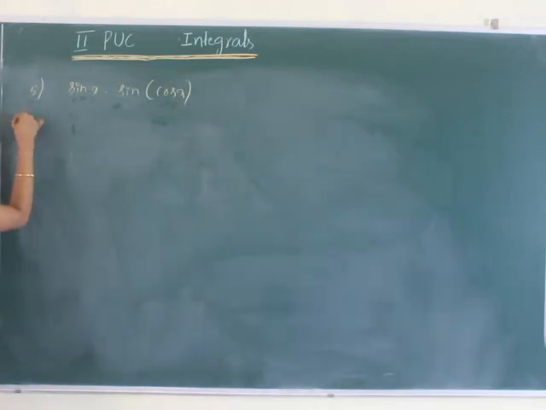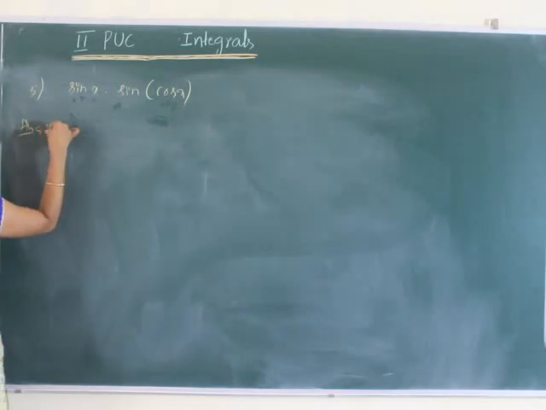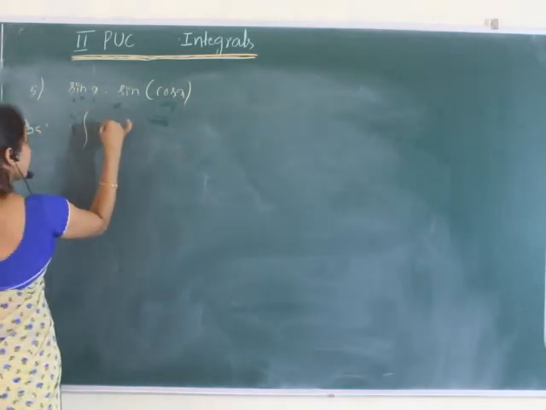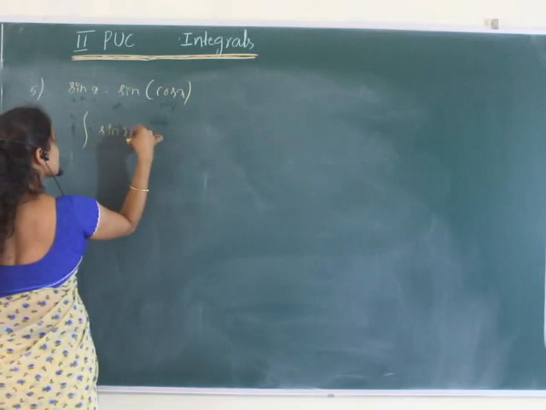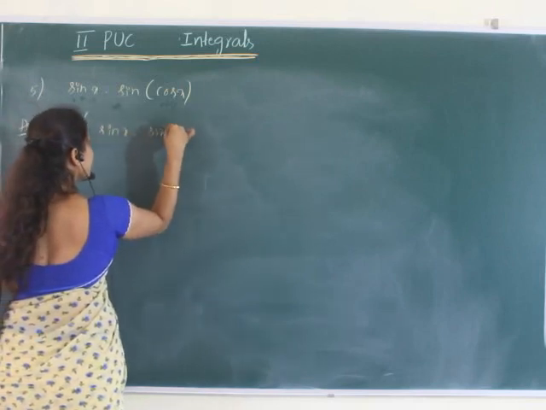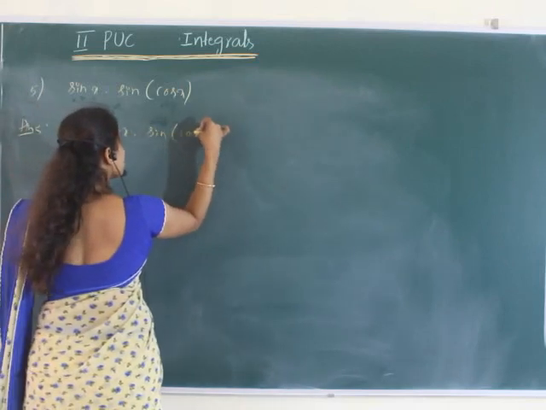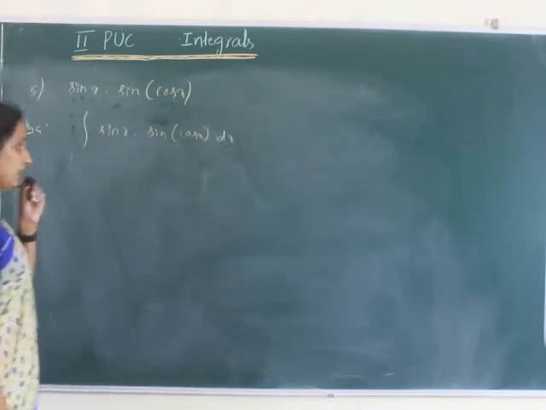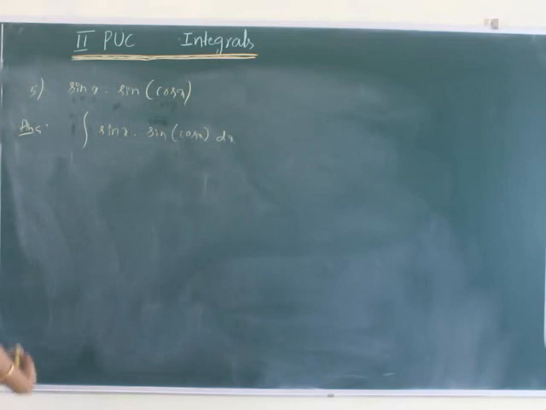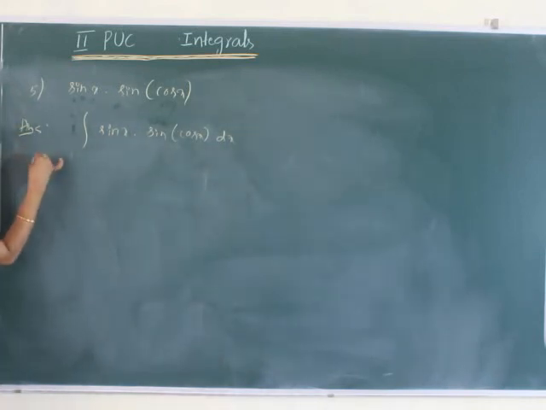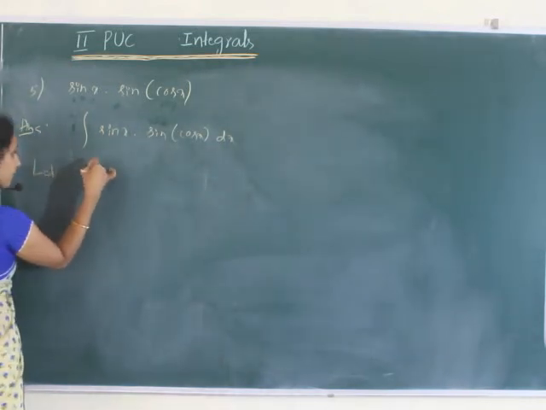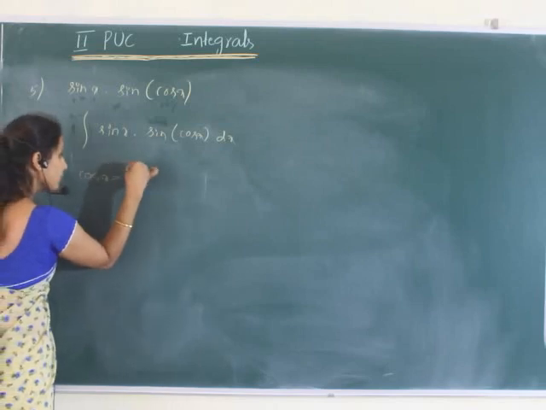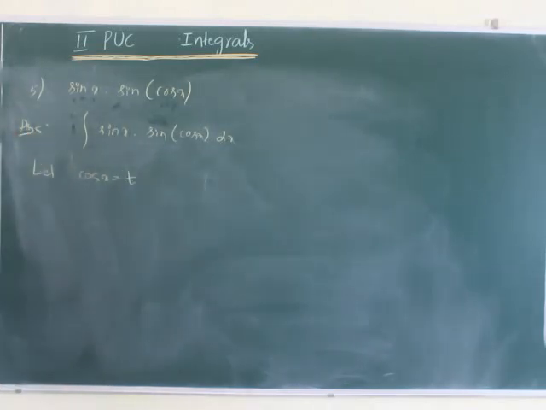So first I'll consider the integral of sin x into sine of cos x dx. After that, make a substitution. Let cos x be equal to t.